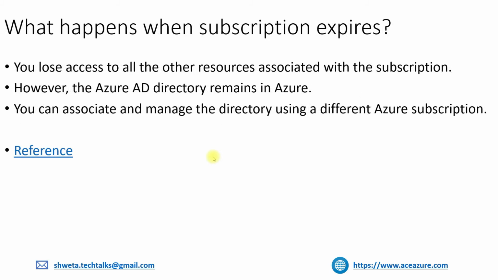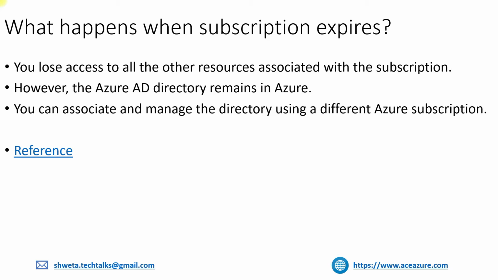Okay, so what happens when your subscription expires? In our previous tutorial, we studied how to set up a free subscription. Now that free subscription is available for 30 days or a credit of 13,300 rupees, whichever lasts longer. And after 30 days, unless you upgrade it to another version, either an MSDN subscription or a pay as you go subscription or even an enterprise agreement, you would lose access to all the other resources associated with that subscription.